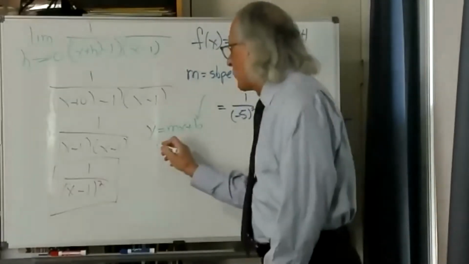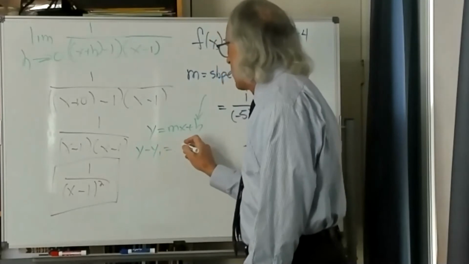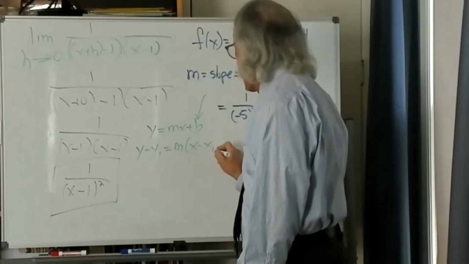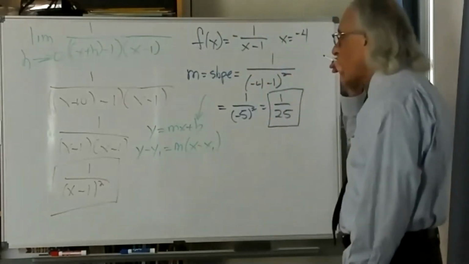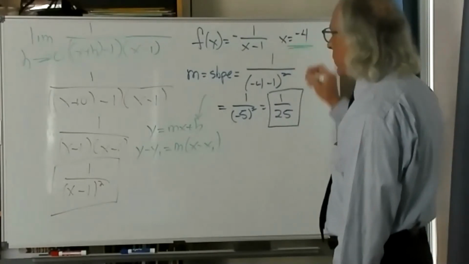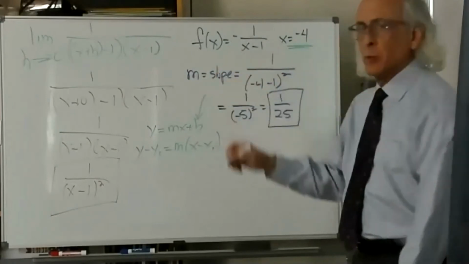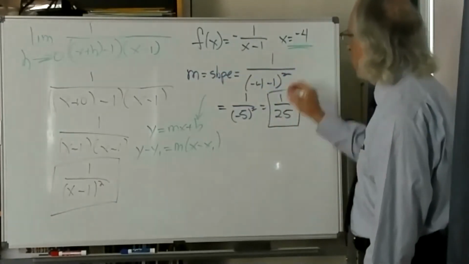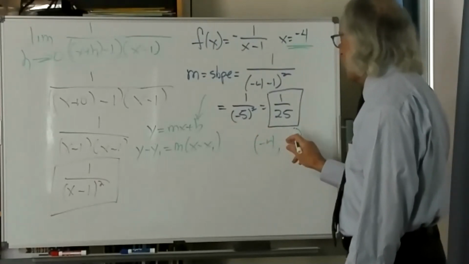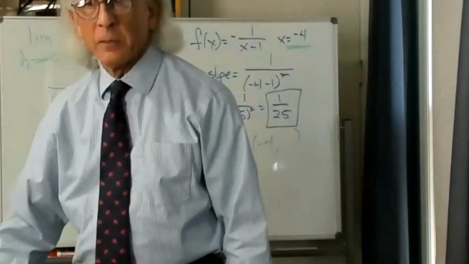I want to use point slope form: y minus y1 is equal to m times x minus x1. Well, I know that my x is negative 4. I just need to find my y. So the point that I'm looking for on that function is the point negative 4, something. And I have to find out what that something is. How am I going to find out what that something is?